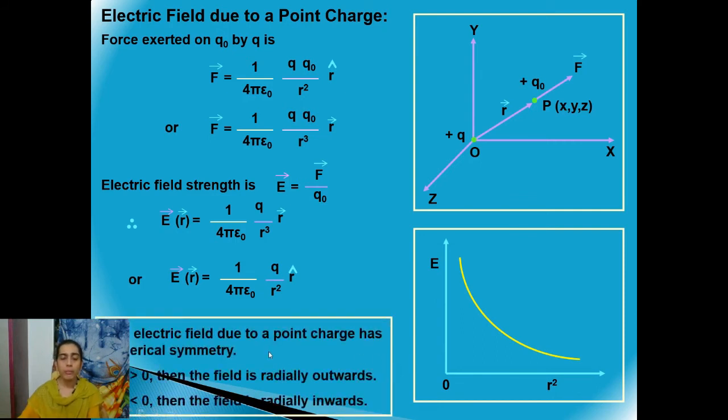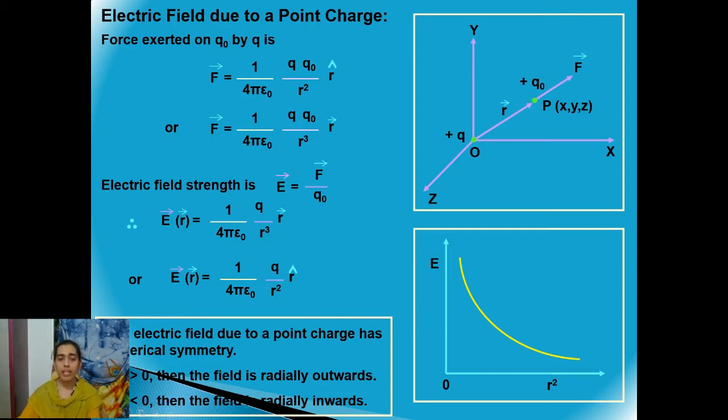One more important point you should remember is that the electric field due to a point charge has spherical symmetry. How? For example, here you have considered a positive charge, which means Q is greater than 0. Then the electric field will act radially outward, because the direction of the field is along the direction of the electrostatic force, and the force is acting outwards, right?